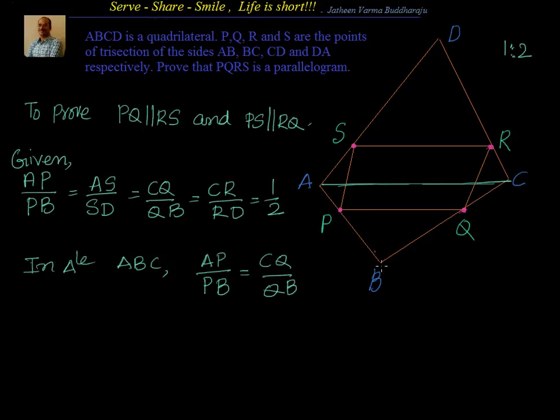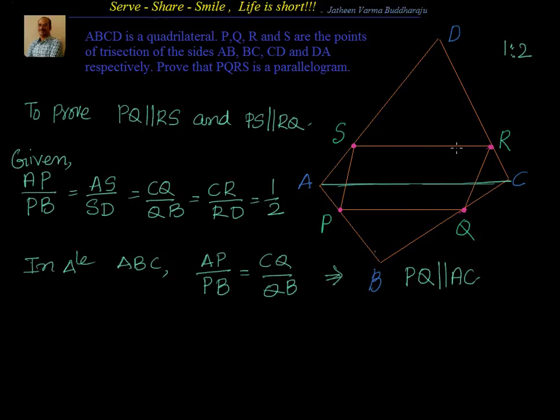If AP by PB equal to CQ by QB, or you can say BP by PA equal to BQ by QC, then you know that PQ is parallel to AC. So that tells me that PQ is parallel to AC.